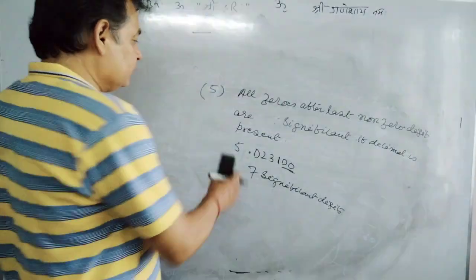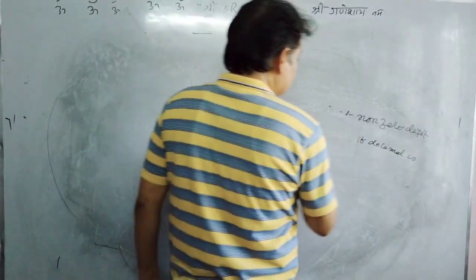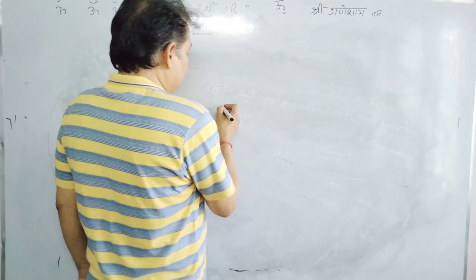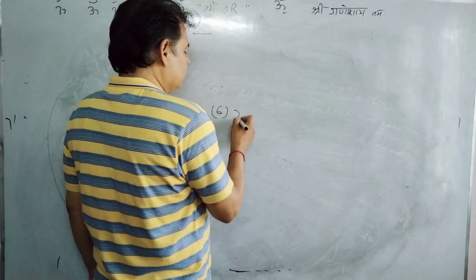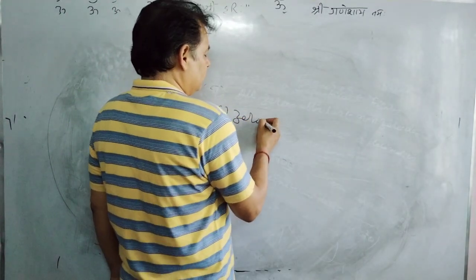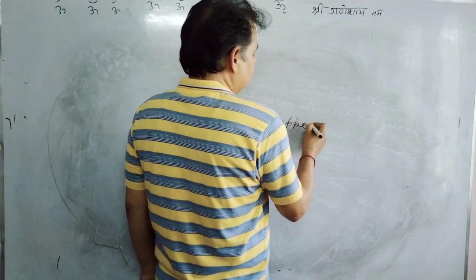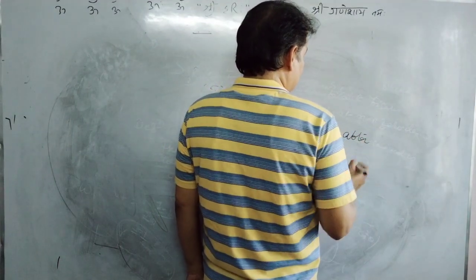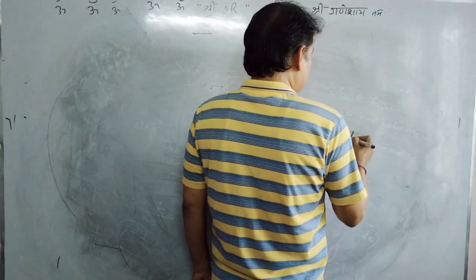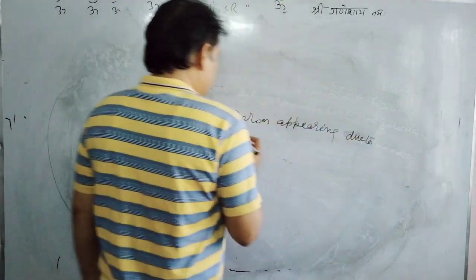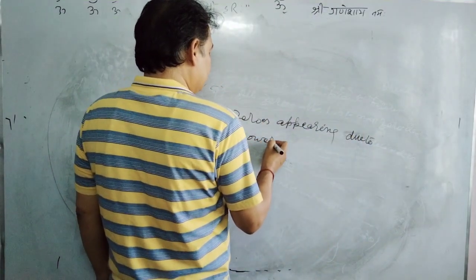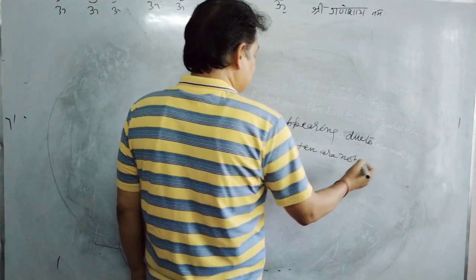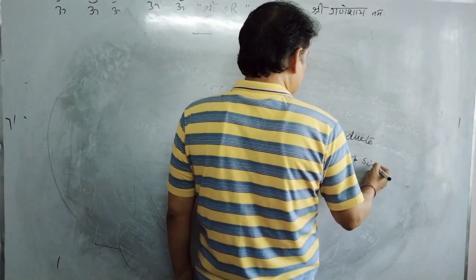Next one, zeros appearing due to power of 10 are not significant.